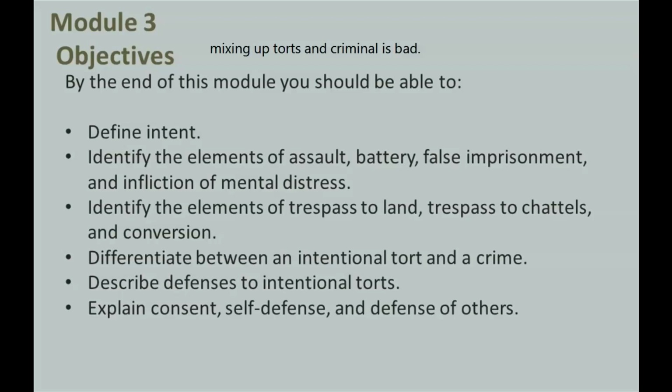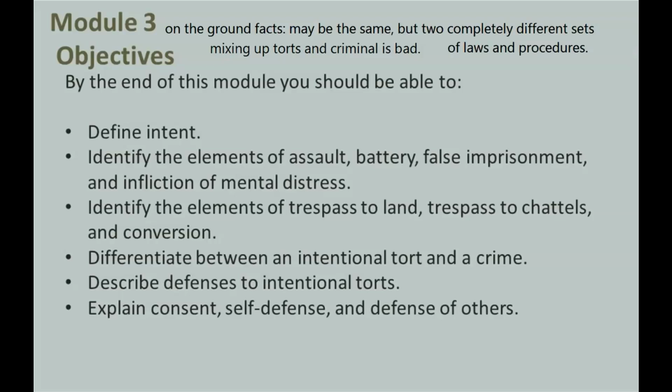The problem is the facts, the on-the-ground facts, may be the exact same thing. Sets of laws. That's been a major problem in the past.